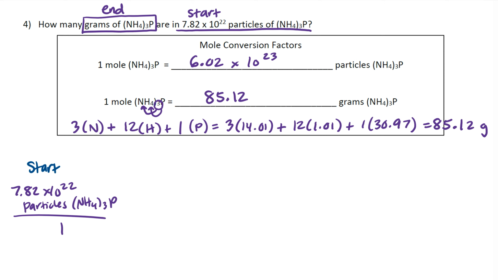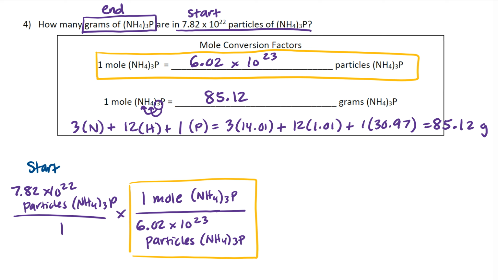And then now for the next conversion factor, I've chosen to use the first conversion factor because that's the one with the word particles in it. And I know I had to have particles in the denominator in this next step. And so it's this one with a yellow box around it. Again, doing this for emphasis so I know where I got that conversion factor from. Particles of ammonium phosphide cancel out.